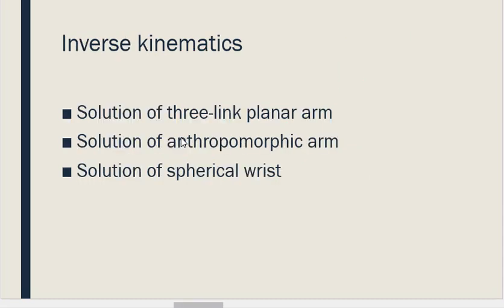Actually, it will depend on the manipulators, how we will manipulate that link. Inverse kinematics: kinematics has two types basically, forward and inverse. Forward means here is the rotational and here is the prismatic.